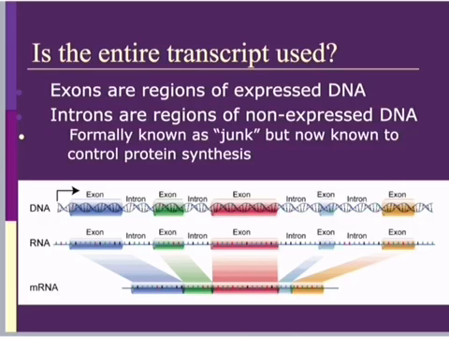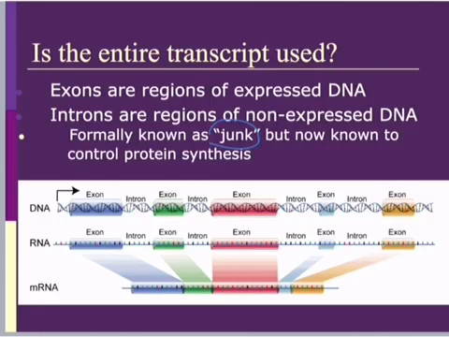Finally, it's important to remember that not every piece of the DNA is going to be copied and then turned into protein. Some of the DNA are those spacers. Remember, we don't call it junk anymore. That's a bad term. But some of the DNA is not coding DNA. It's not something that's going to eventually be turned into proteins.